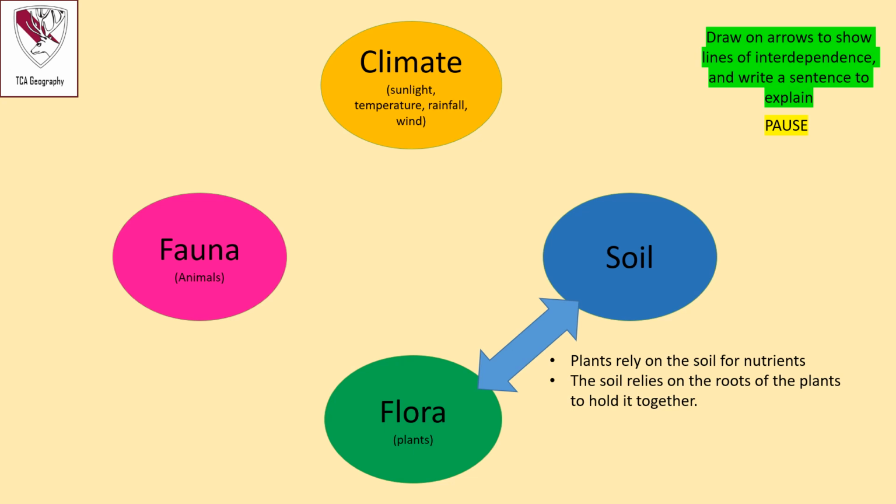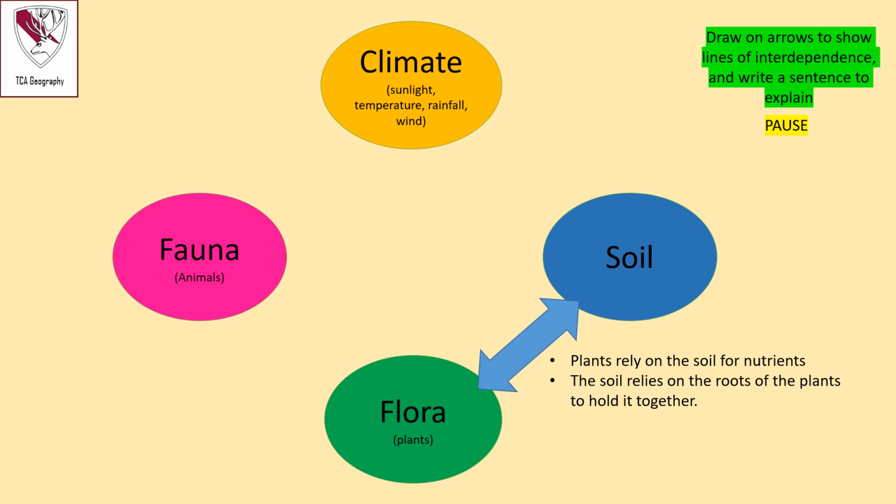Between each one of these elements, there is a line of interdependence that shows how the different elements affect each other and how they rely on each other. So I've done the first one for you.